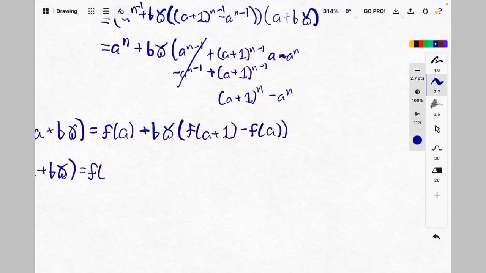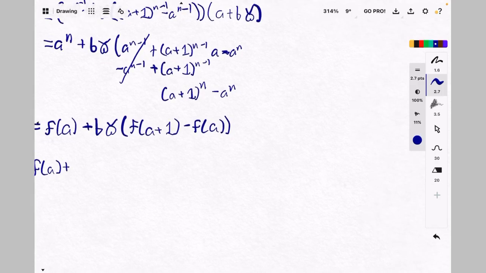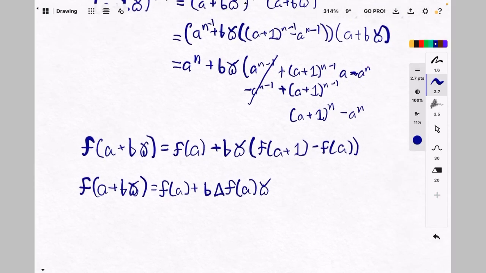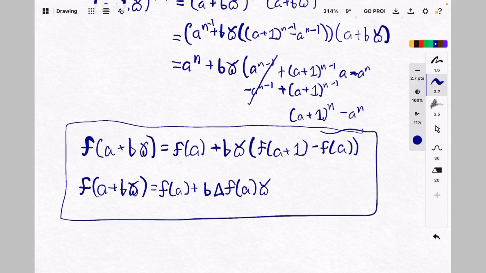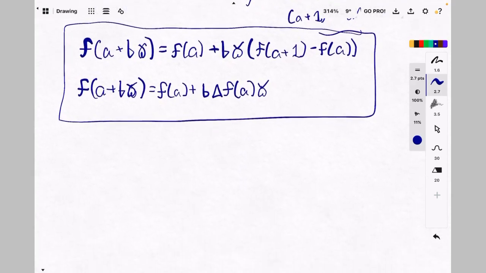That would just be f of a plus b, the difference of f of a, times telugu d. And there we go. This works for exponentials, this works for tangents, logs, anything.